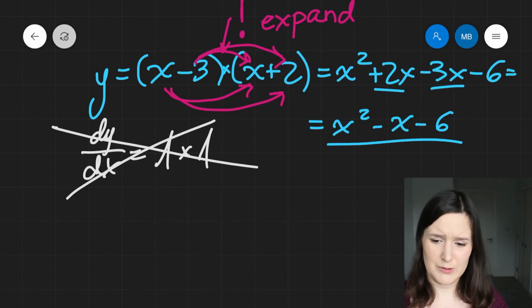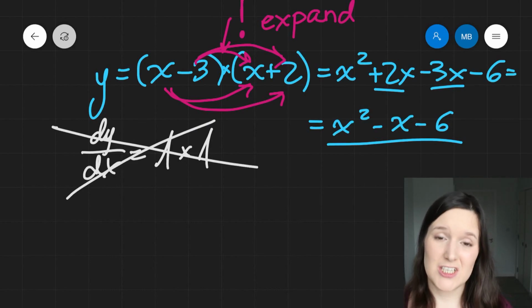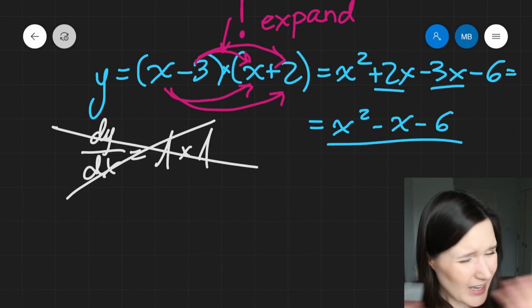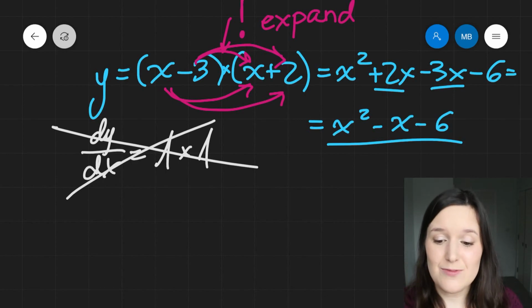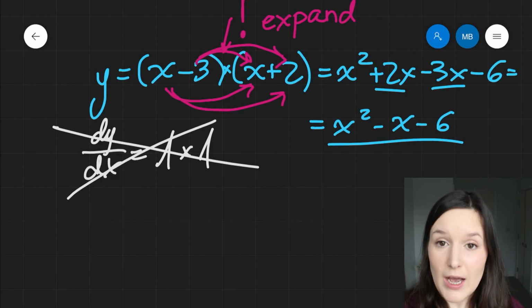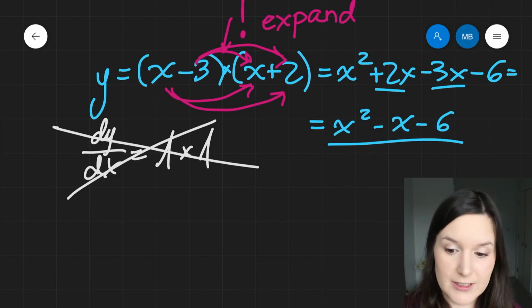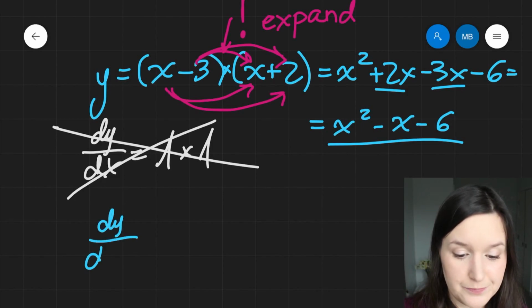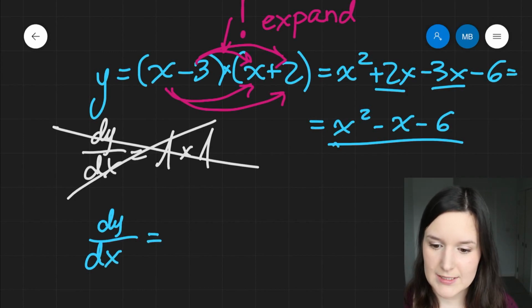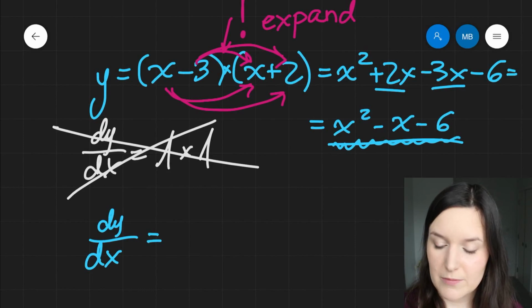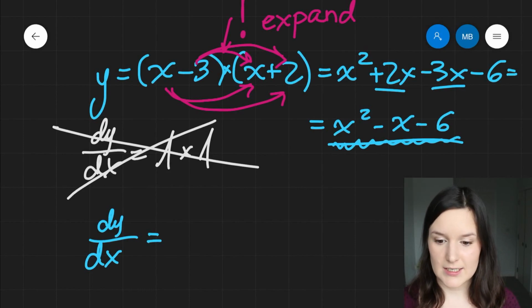No, let's forget about it. If there is multiplication, if there's a product, you cannot find the derivatives separately and just multiply them. That doesn't work like that. You have to expand and find the derivative of the new expression, of the expression that we got after we multiplied the brackets. This one, x squared minus x minus 6.